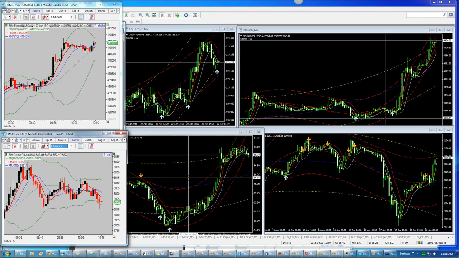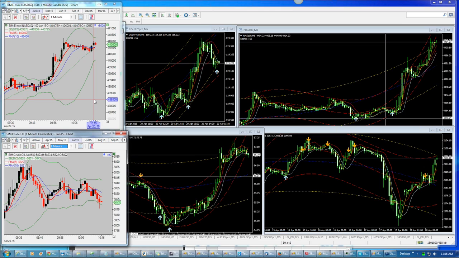Nasdaq just keeps on trucking. Not even thinking about it, is it? Volume has to be low, right? They were showing the volume numbers on the Nasdaq. It was pretty heavy in the sell-offs, but for every buyer there's a seller, right?